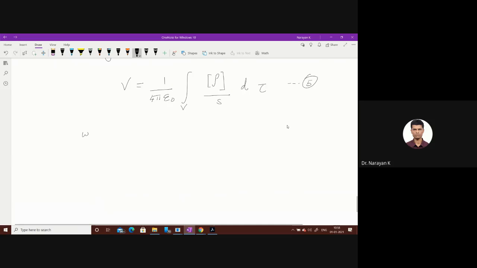Where retarded rho is your retarded charge density. Mahima, are you with me? Yes, sir. Okay. Retarded charge density rho can be written as rho naught e raised to the power j omega t minus r by c. Call this as equation number 6.